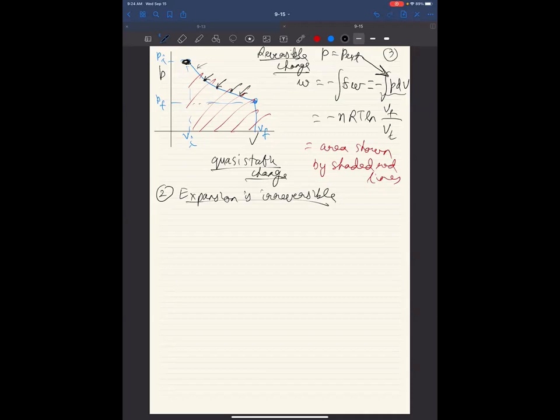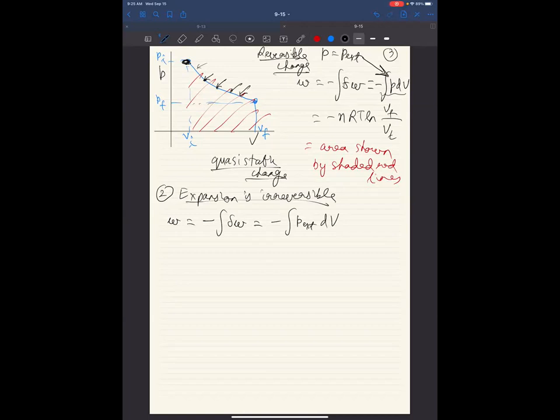In that case, we can write down the work done as W is equal to, once again, minus the integral of delta W, which is the same as P external dV, but now P external is not equal to P. The gas is unhappy. You just bombarded it; in this case, you decrease the pressure all of a sudden to PF.